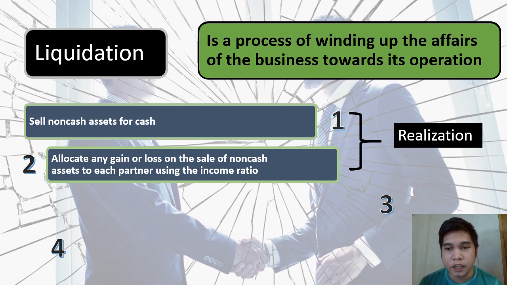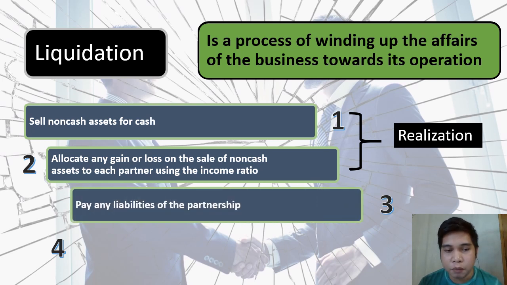So if we already done dun sa ating realization, of course, number 3, kailangan na po nating bayaran ang ating liabilities. So ibig sabihin, all the creditors of the partnership must be paid. So dapat po munang bayaran sila kasi kung mapapansin nyo, dun sa ating accounting equation, di ba, meron tayong asset equals liabilities plus capital.